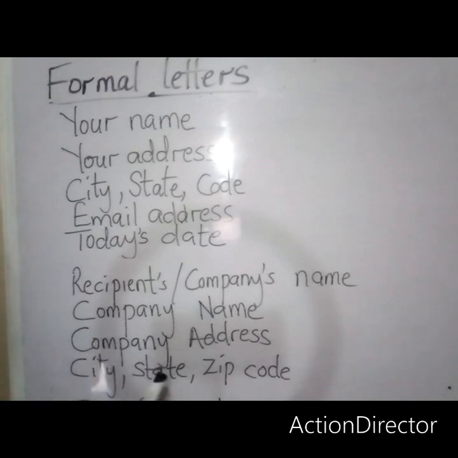Then you have the city, the state, where the company is, and then the postal code for the company. After that, you leave a line gap and address again to the recipient, whatever the name is, or their company's name, if it's a company you are addressing it to. And then you start to write what you need to write.